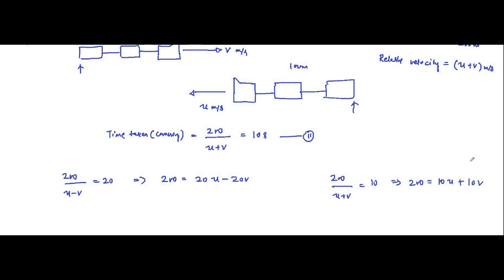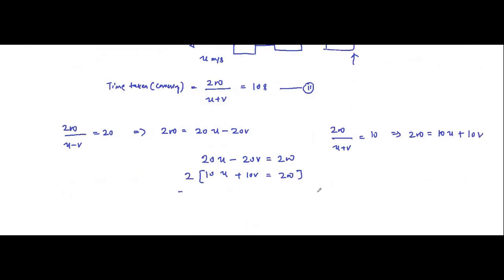So we'll be solving them. 20u minus 20v equals 200, 10u plus 10v equals 200. We'll be multiplying the second with 2. The v terms get cancelled, and this becomes 40u is equal to 600.